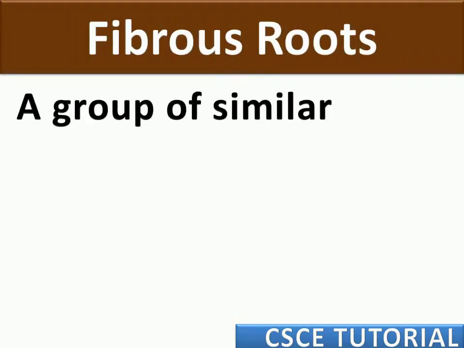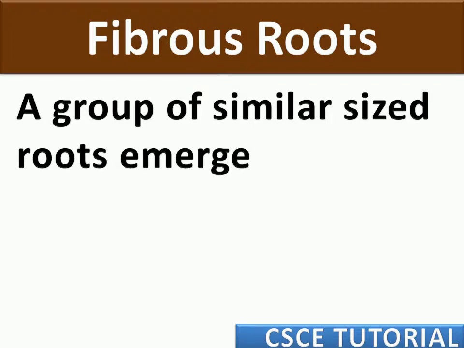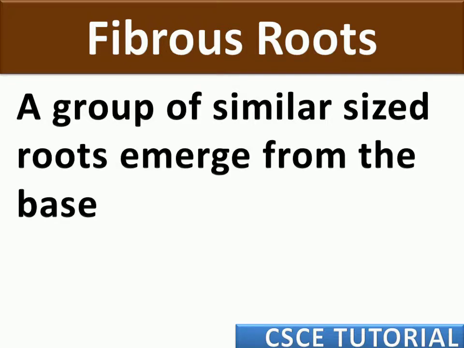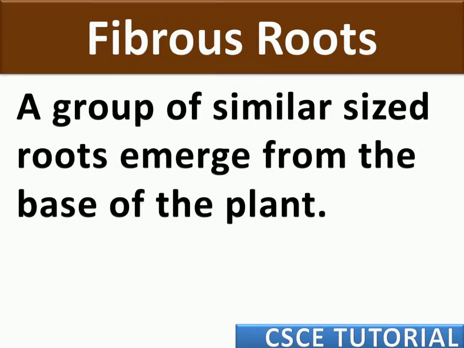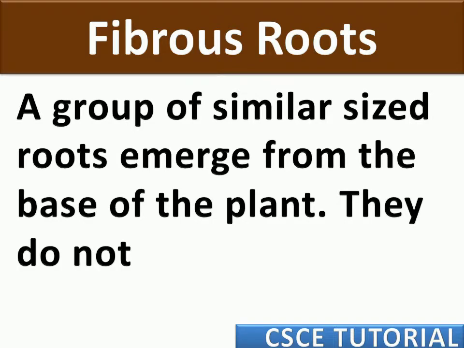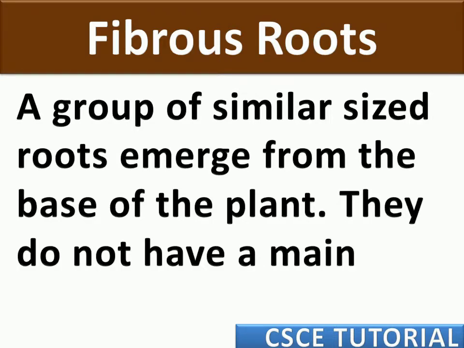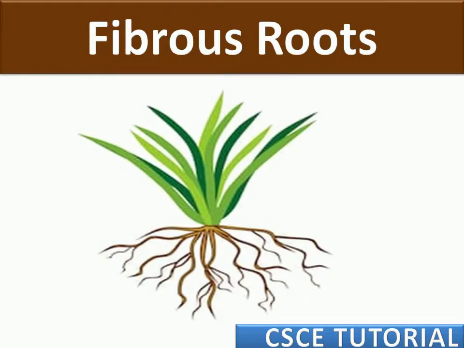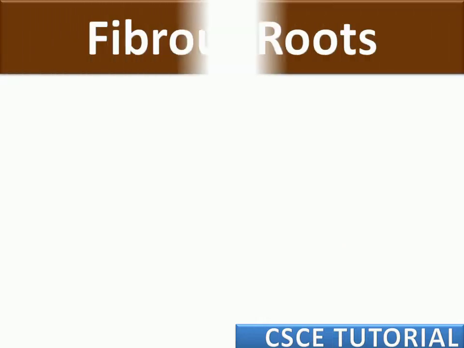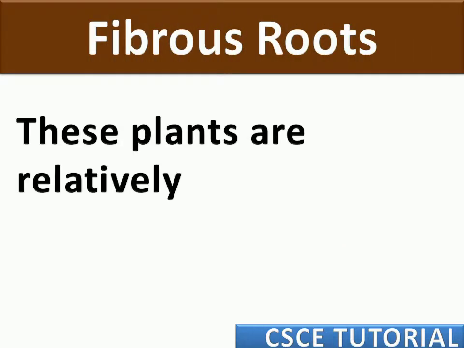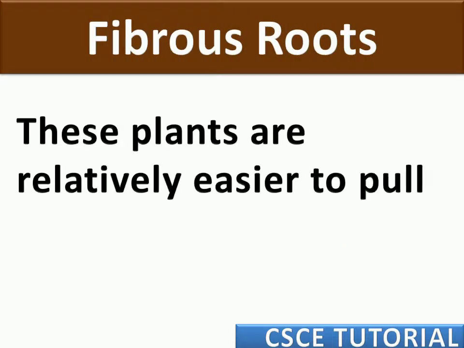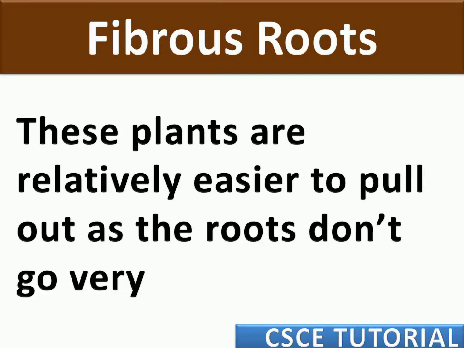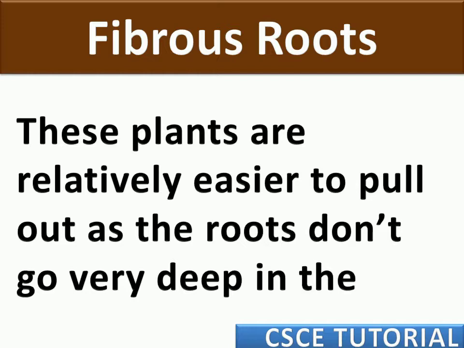Fibrous roots. A group of similar sized roots emerge from the base of the plant. They do not have a main root. These plants are relatively easier to pull out as the roots don't go very deep in the soil.